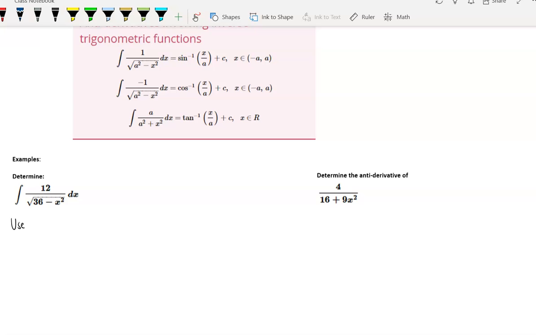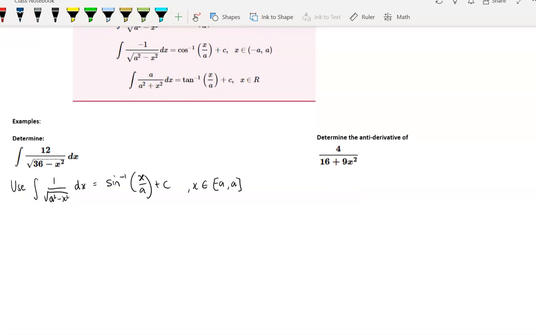So we're going to use the concept that the integral of 1 over the square root of a squared minus x squared dx is equal to the inverse sine of x over a, plus c, for values between negative a and a.